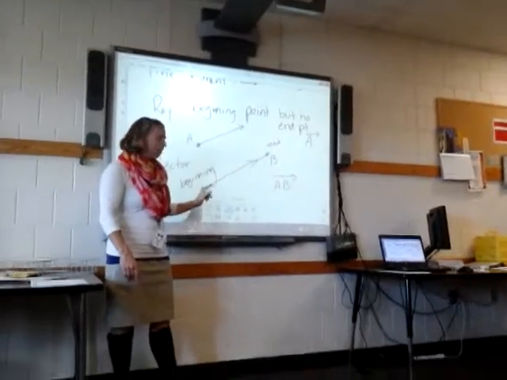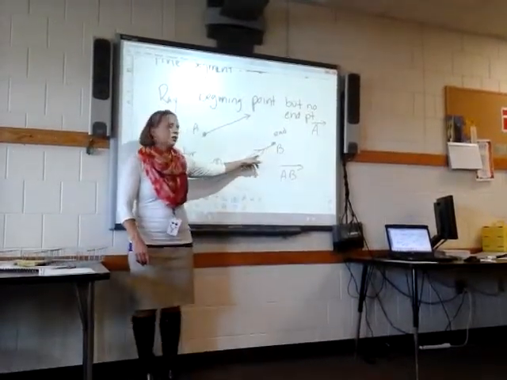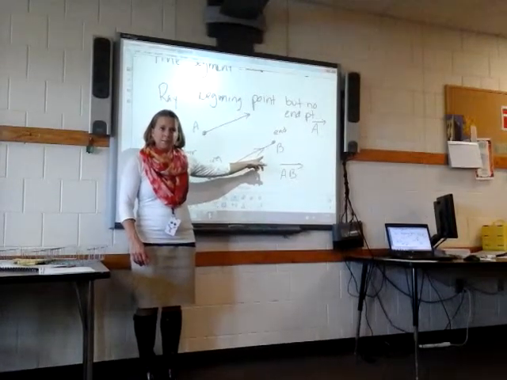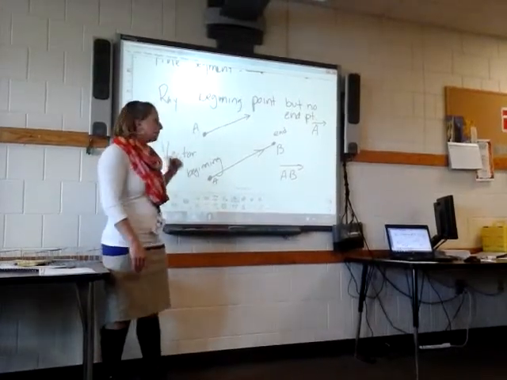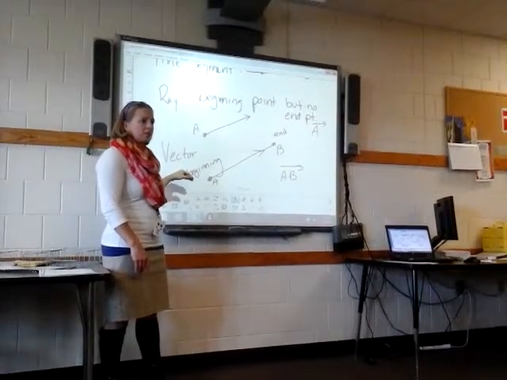A vector has a definite beginning and a definite end because a vector also includes an arrow that tells you the direction in which it's traveling. The vector is going to be the symbol we will use when translating images.